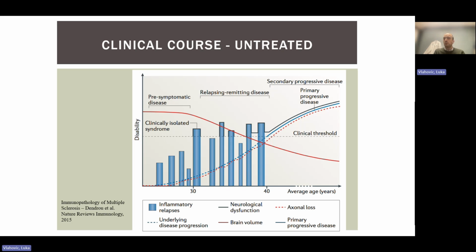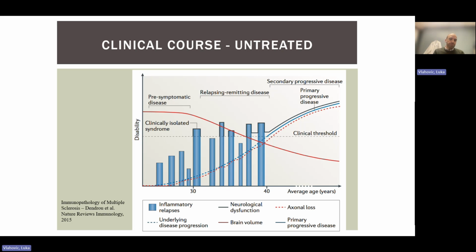Someone wouldn't know that anything is going on because symptoms wouldn't be present, but inflammatory activity can still be occurring. Shown here, these blue boxes are inflammatory relapses. These first few will not reach that threshold, so essentially they will be clinically silent, and we can usually find them based on MRI scan.